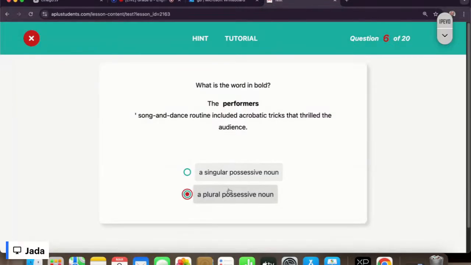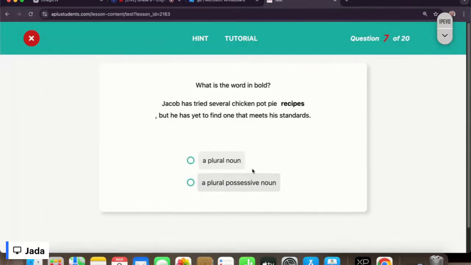Okay, so we have the plural possessive. Then Jacob has tried several chicken pot pie recipes, but he has yet.